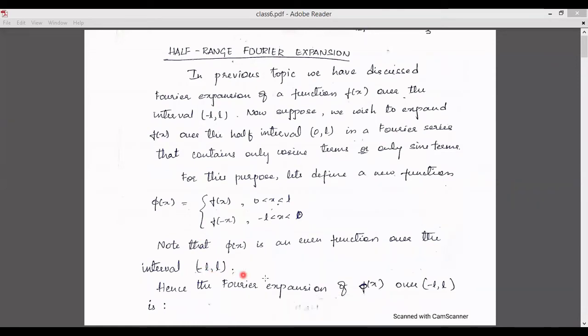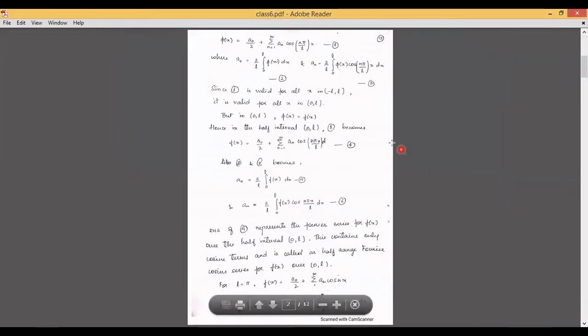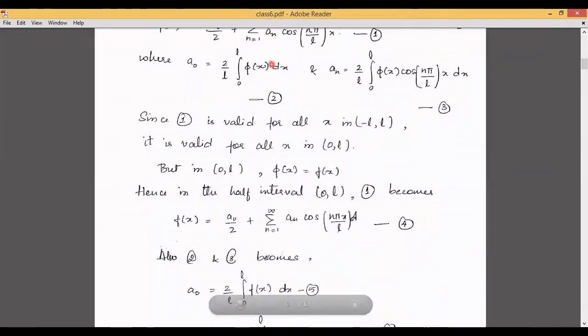And hence, the Fourier series expansion of phi of x over the interval minus L, L is, you know, the Fourier expansion for a function over the interval minus L, L. That I have written it here. Okay, let me zoom it.